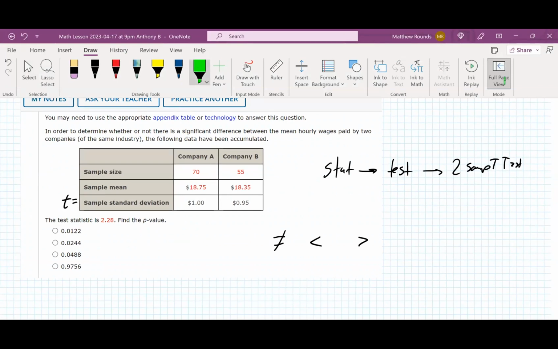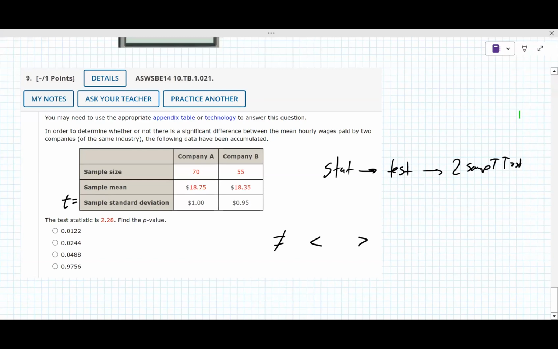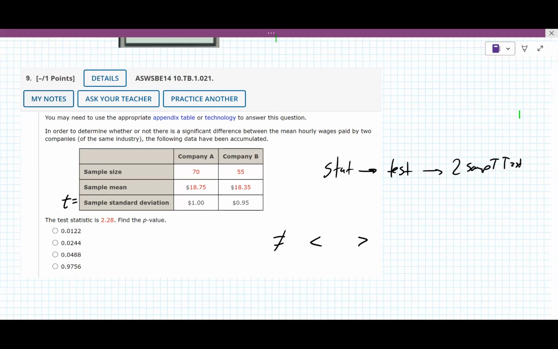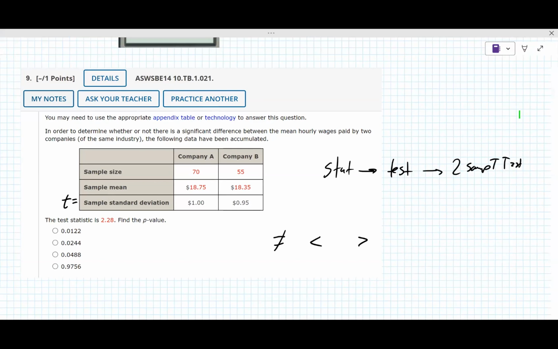Yep. So X1 would be 18.75, right? Yes. And then it should be really similar.